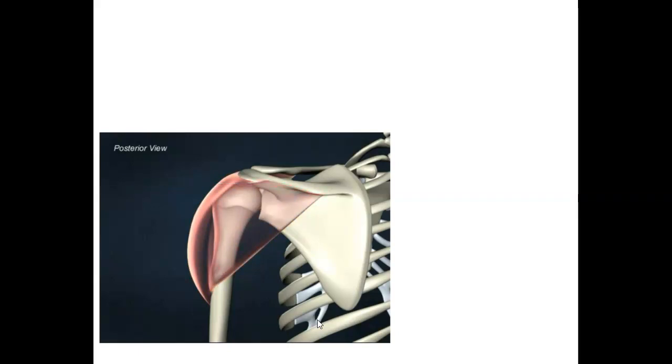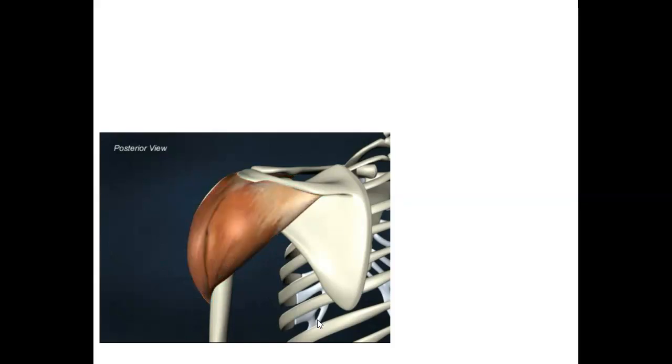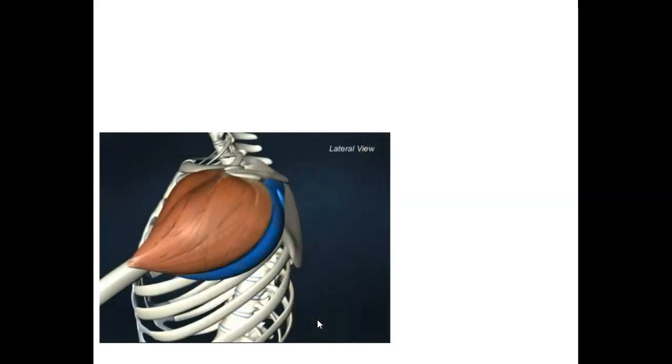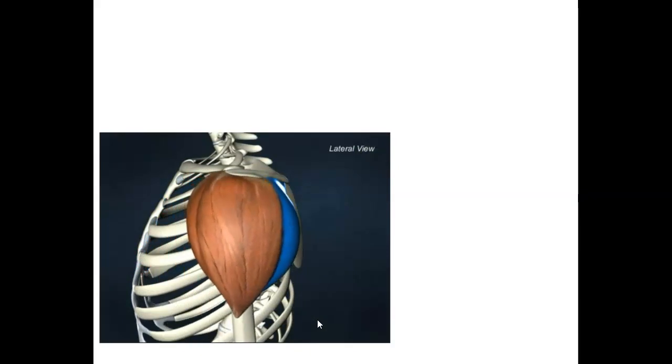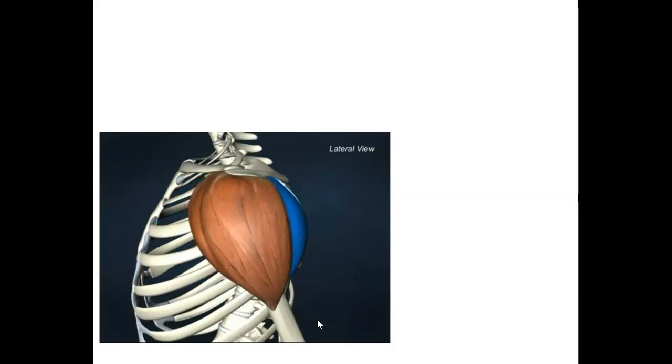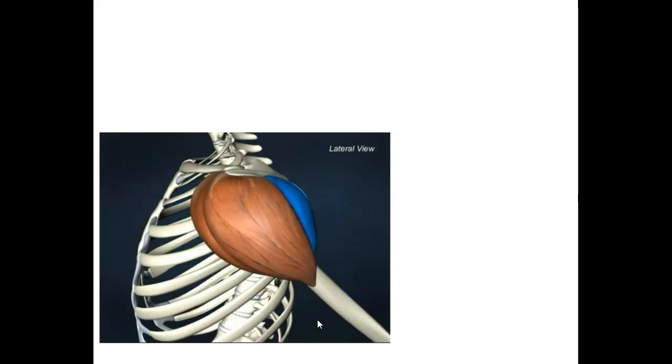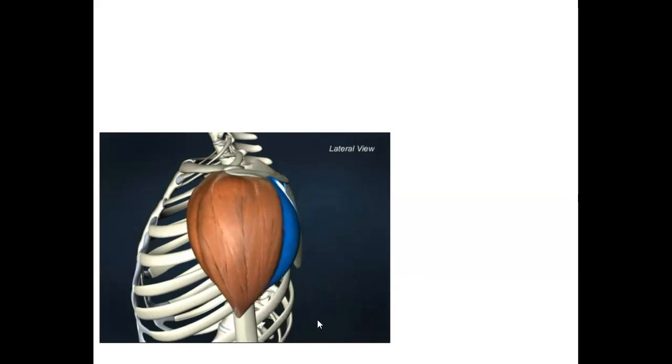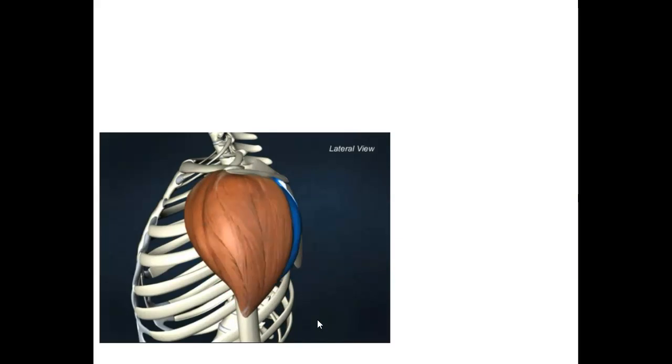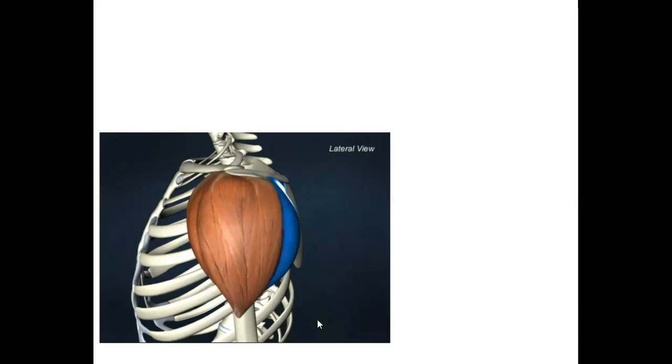The insertion is to the deltoid tuberosity of the humerus. The posterior fibers extend the arm at the shoulder, and laterally rotate the arm by turning the anterior surface of the arm away from midline. They are innervated by the axillary nerve.